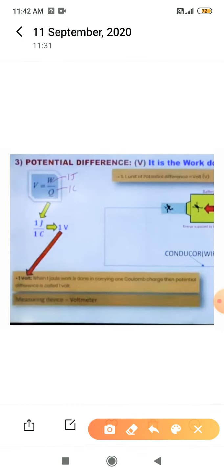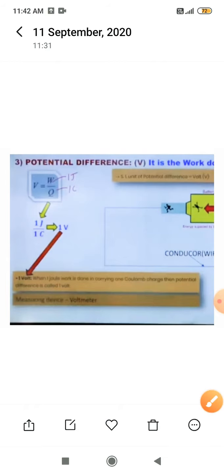So define 1 volt, it comes in the exam. When 1 joule of work is done in carrying 1 coulomb of charge, that potential difference is called 1 volt. Simply, if 1 joule of work is done in carrying 1 coulomb of charge, that potential difference is known as 1 volt.